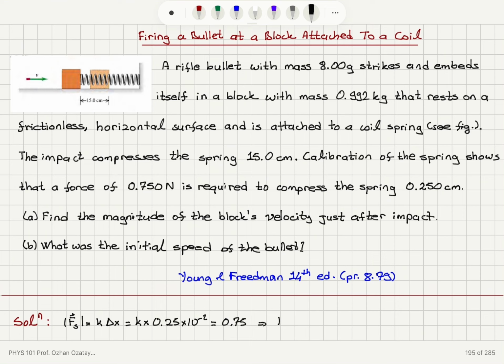Therefore, the spring constant K is 300 newtons per meter. So we can read it from this calibration data. Okay, so let's start with part A.